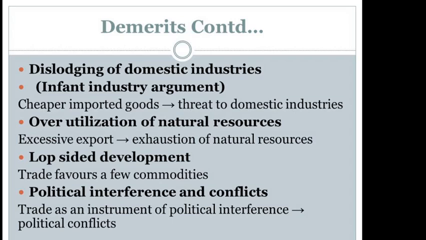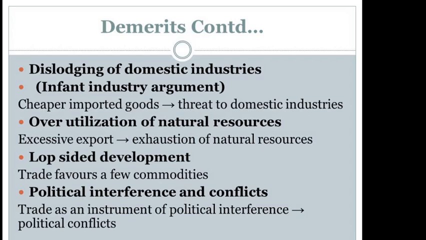When a country engages in international trade, they will be concentrating on some of the commodities. So a few sectors will be getting the attention, as a result of which the development will be lopsided, focusing only on some sectors, the other sectors getting ignored, and that is the lopsided development aspect.